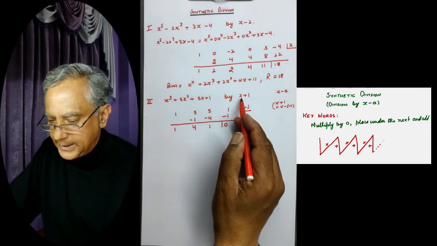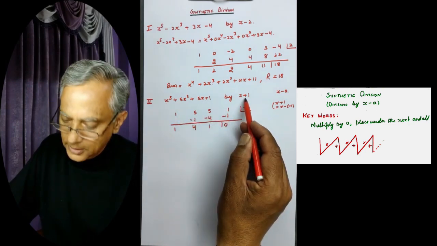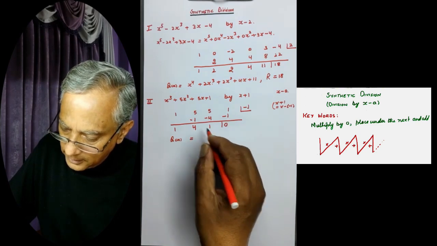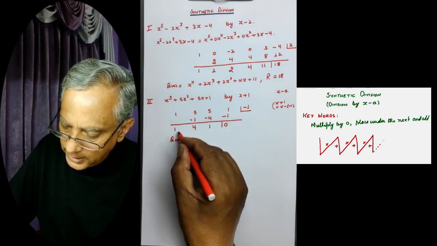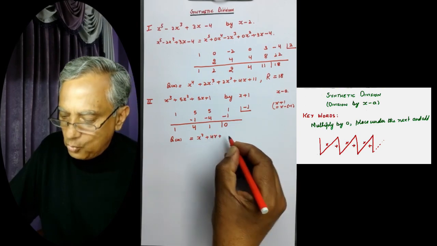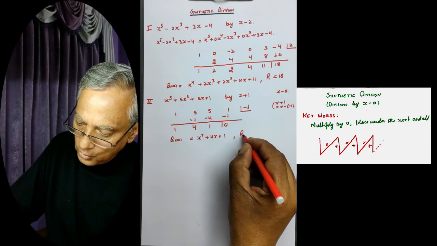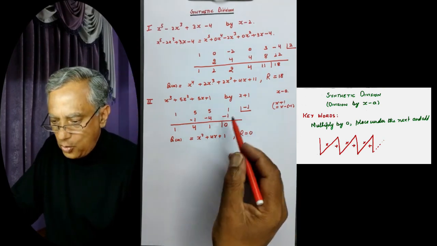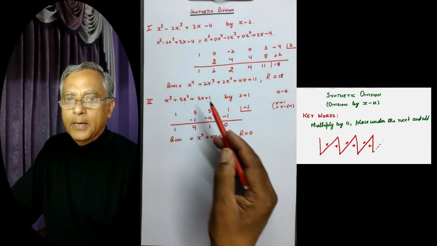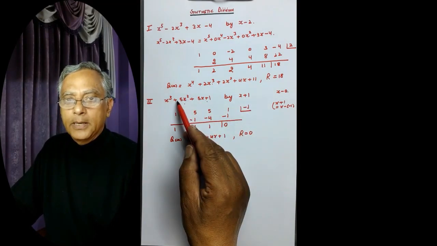So what we see is that this polynomial is divisible by this. So the quotient is x square plus 4x plus 1, and the remainder is 0. So we note x plus 1 divides this polynomial. Therefore x plus 1 must be a factor of this polynomial.